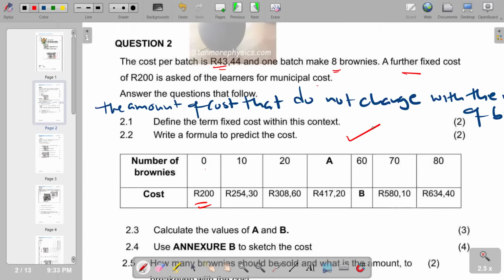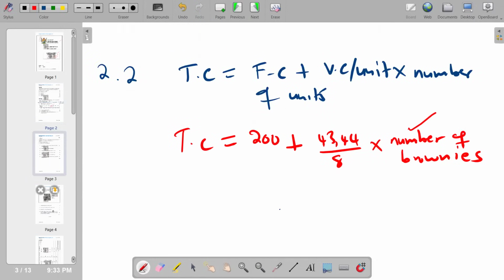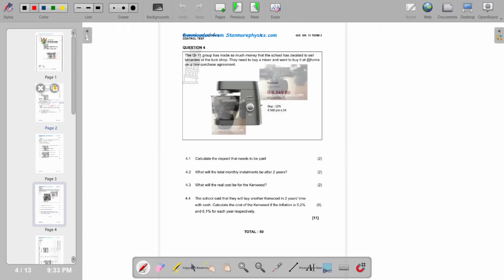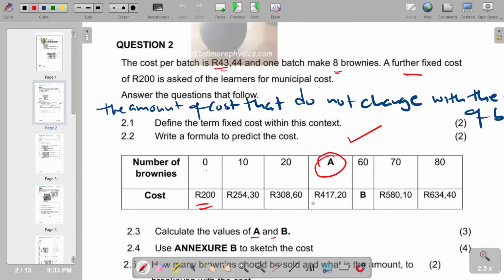Now on 2.3, you have to calculate the values of A and B. A is the number of brownies, which we are going to find, and we are given the total cost as 417 Rand 20 cents.